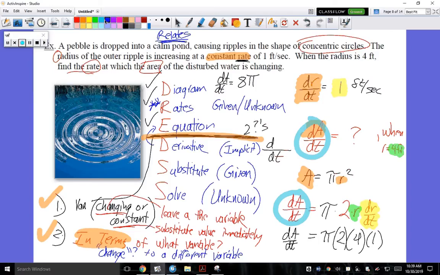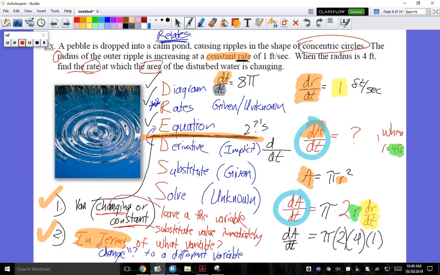Now, we have to think about our units. It's with respect to time, so we know it's going to be like feet per second or something like that. But because it's an area, you already said it, it's not going to be just a linear foot.